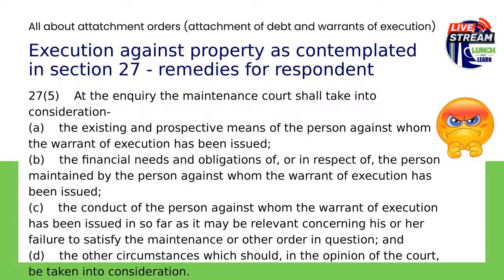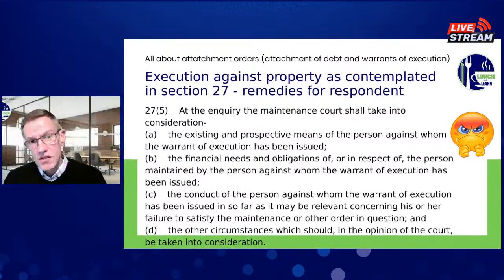What is his income? What is his expenses? In respect of the person that needs to be maintained, and also against whom the warrant of execution has been issued. And very strange enough, the court would also look at the conduct of the person against whom the warrant of execution has been issued, in as far as it might be relevant concerning his or her failure to satisfy the maintenance order that is in question, and obviously any other circumstances that the court might deem necessary to have a look at.